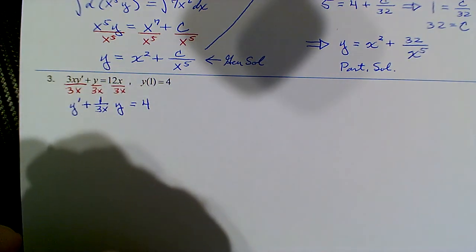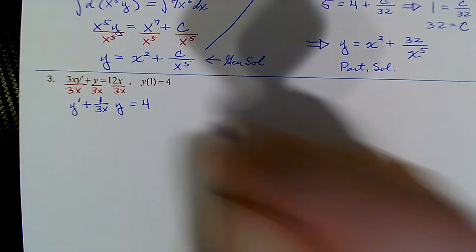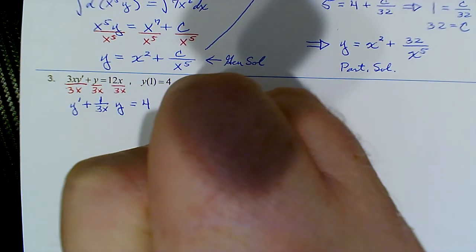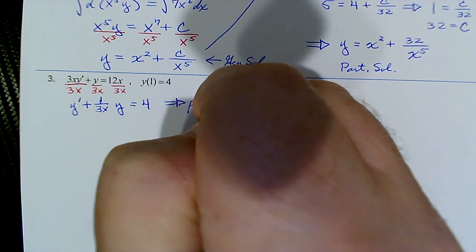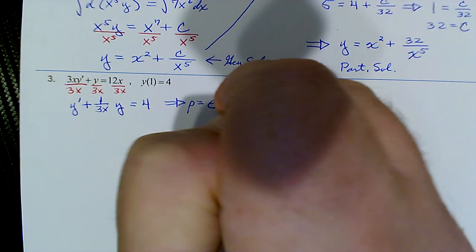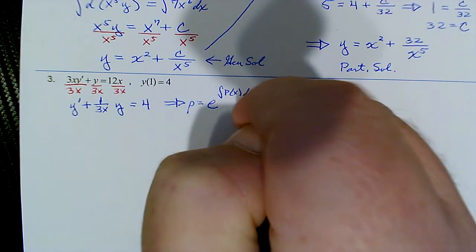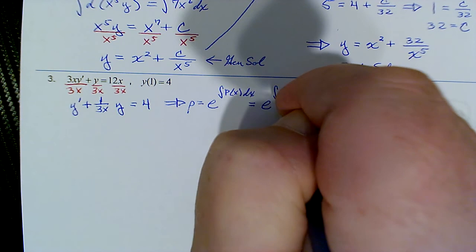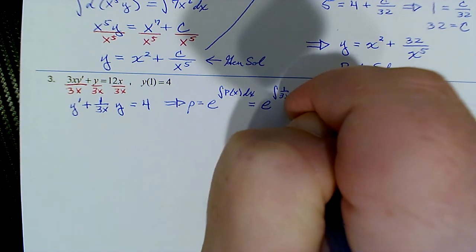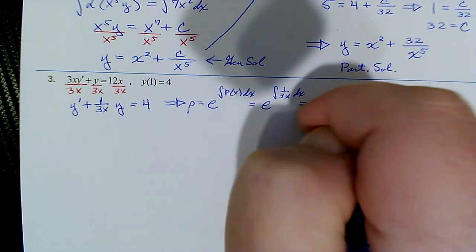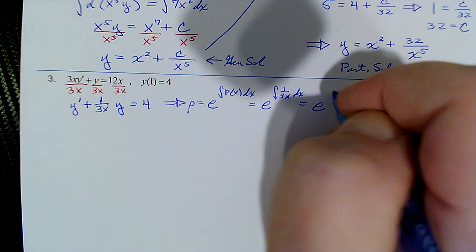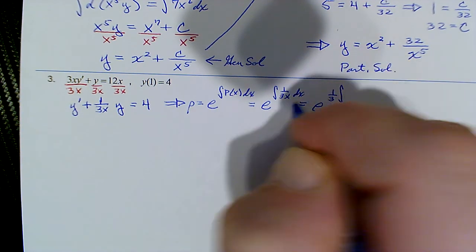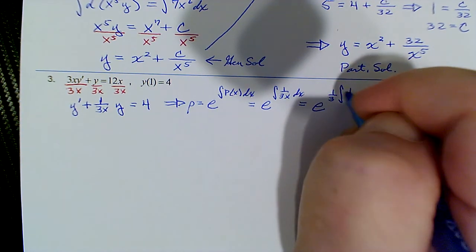And now the integrating factor. So again, rho is equal to e to the integral of p of x with respect to x. So that's e to the integral of 1 over 3x with respect to x. Here, in order to see it, it might be advantageous to factor out the 3 that's in the denominator as 1/3.